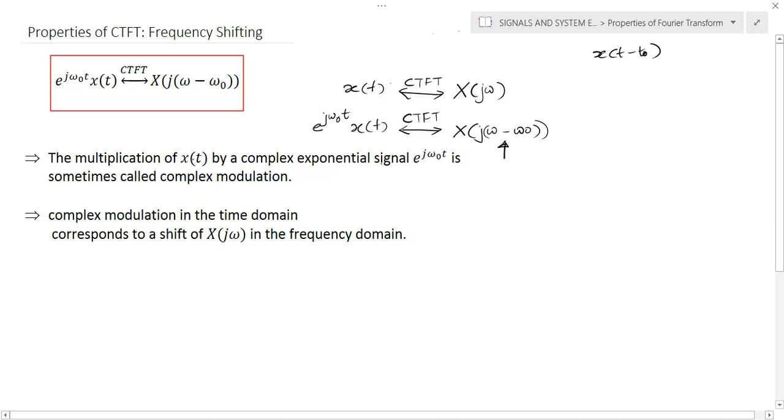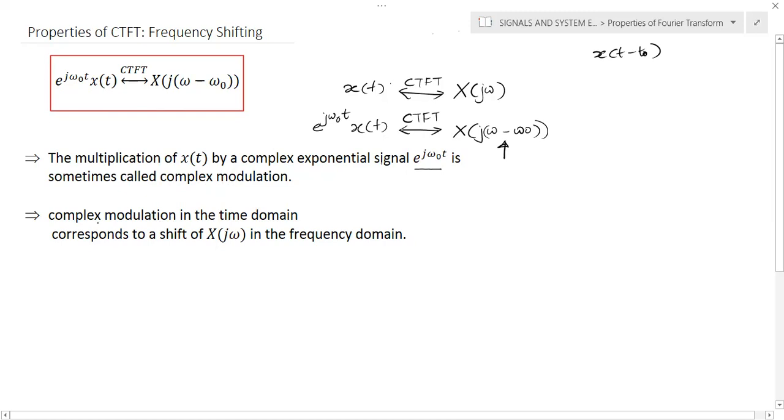Multiplication of x of t by a complex exponential signal e raised to j omega 0 t is also called a complex modulation. We'll also see this when we do the problems. So this is equivalent to the modulation operation.